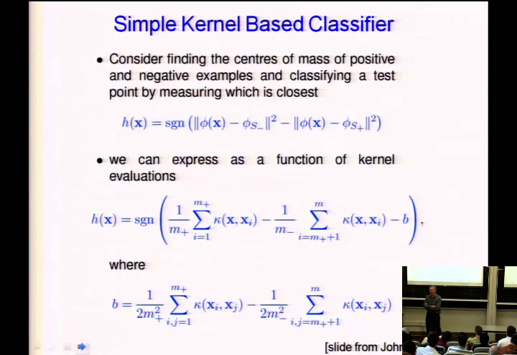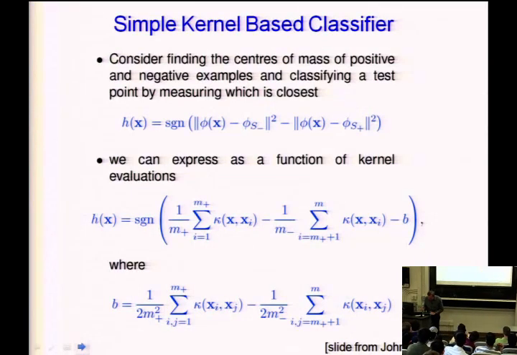But suppose we want to build a classifier where in the expanded space we have a bunch of points which are positives and a bunch of points which are negatives. And we just want to design a classifier where we find the center of mass of these two things and then classify a test point essentially by setting some threshold on the line between them.